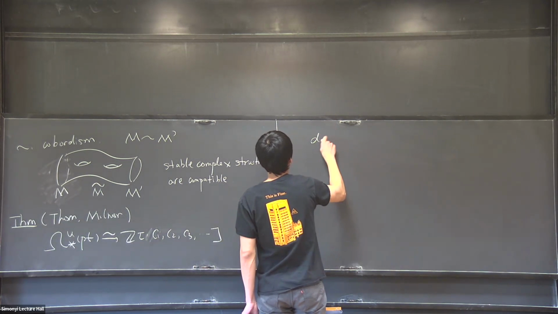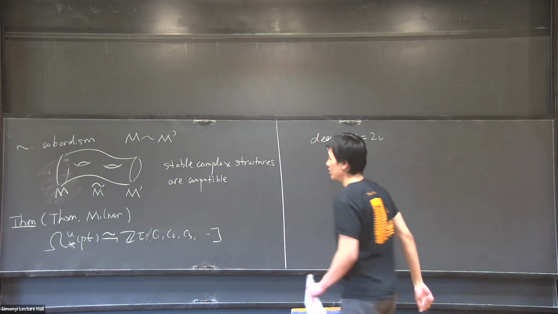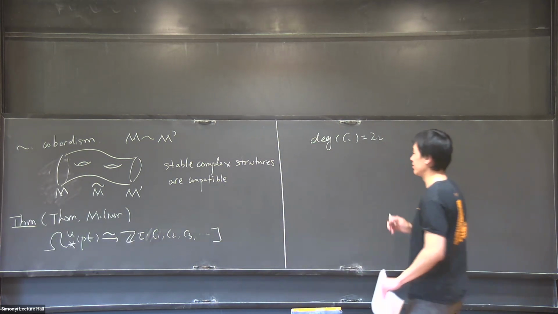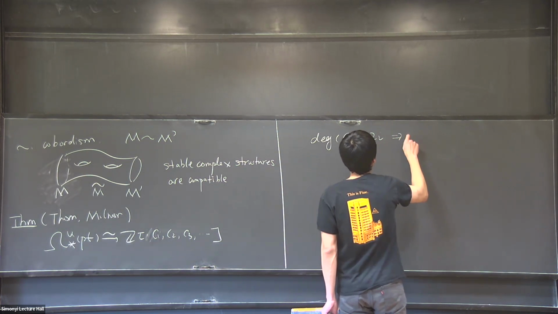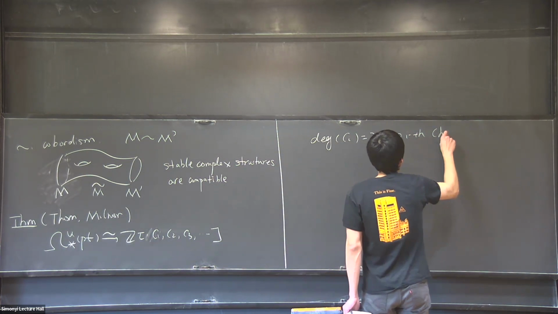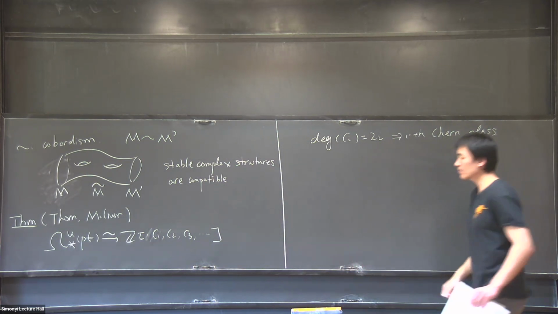The degree of ci is equal to 2i, and you should think of them as, say, Chern classes.